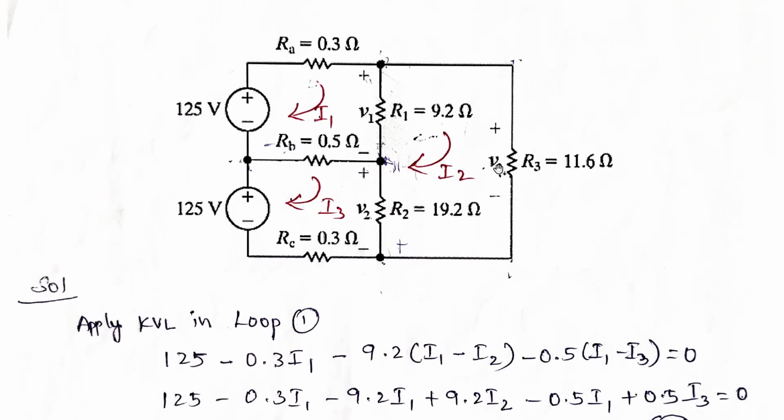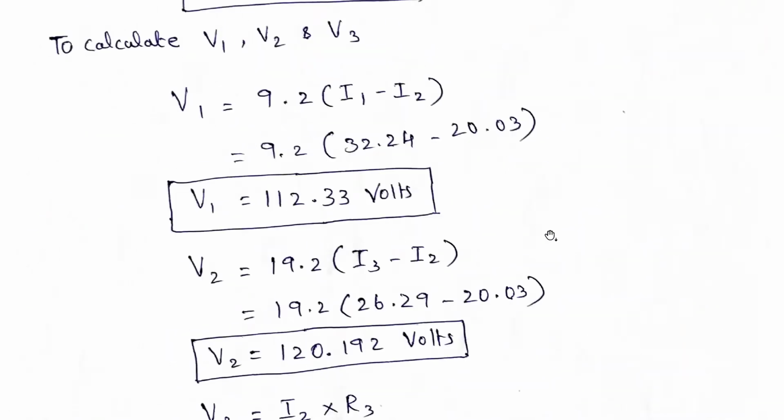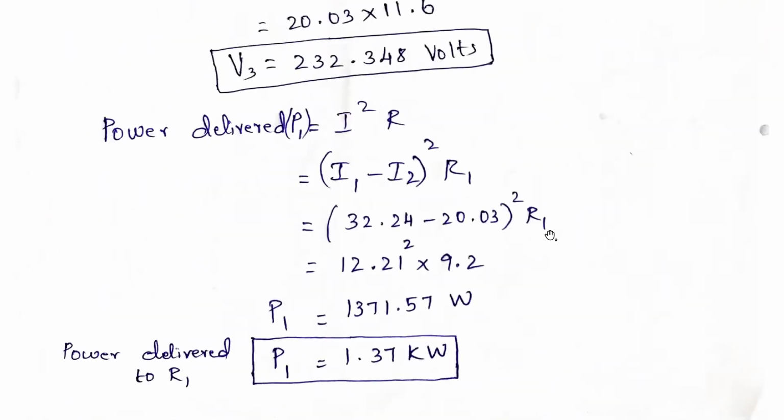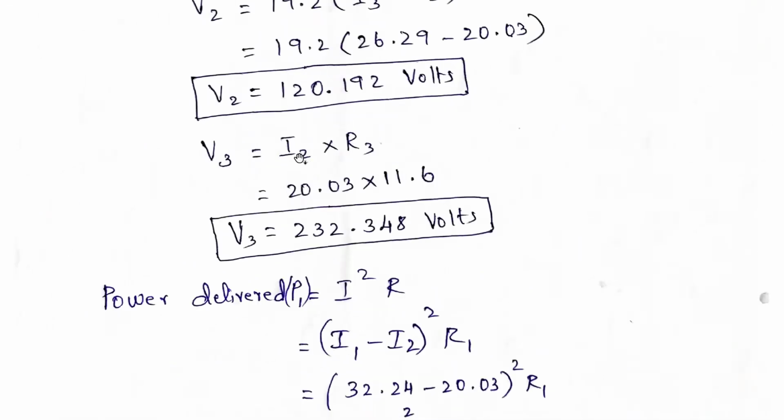So the voltage is nothing but I2 into R3. I2 we already calculated as 20.03 amperes, and R3 is 11.6. Just multiply it, and we can easily get V3 as 232.348 volts.